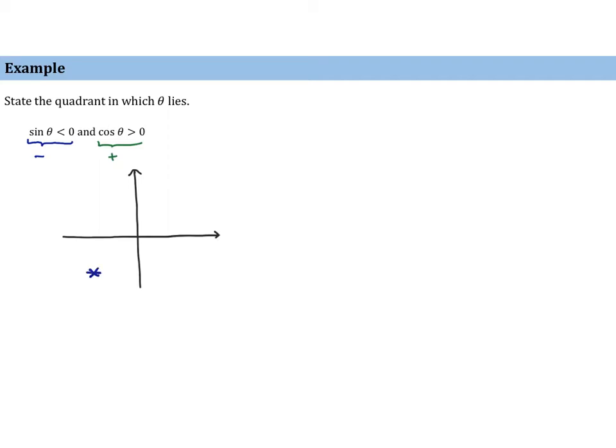So sine of theta is negative means that we could have theta in quadrants 3 or 4. But because cosine of theta is positive, that's only true in the first quadrant or, all students take calculus, the fourth quadrant. So therefore, theta must satisfy both requirements, and so theta must be in quadrant 4.